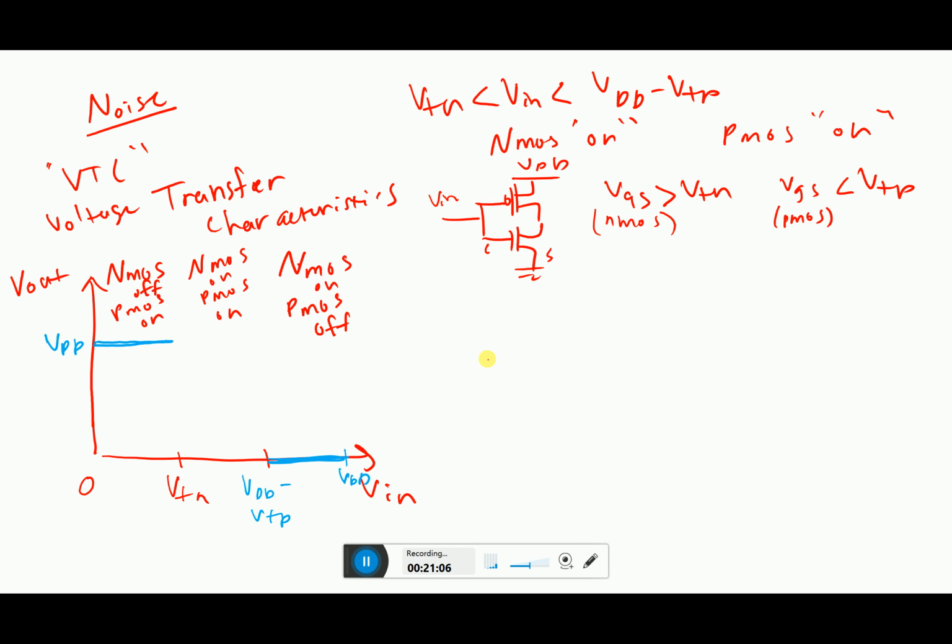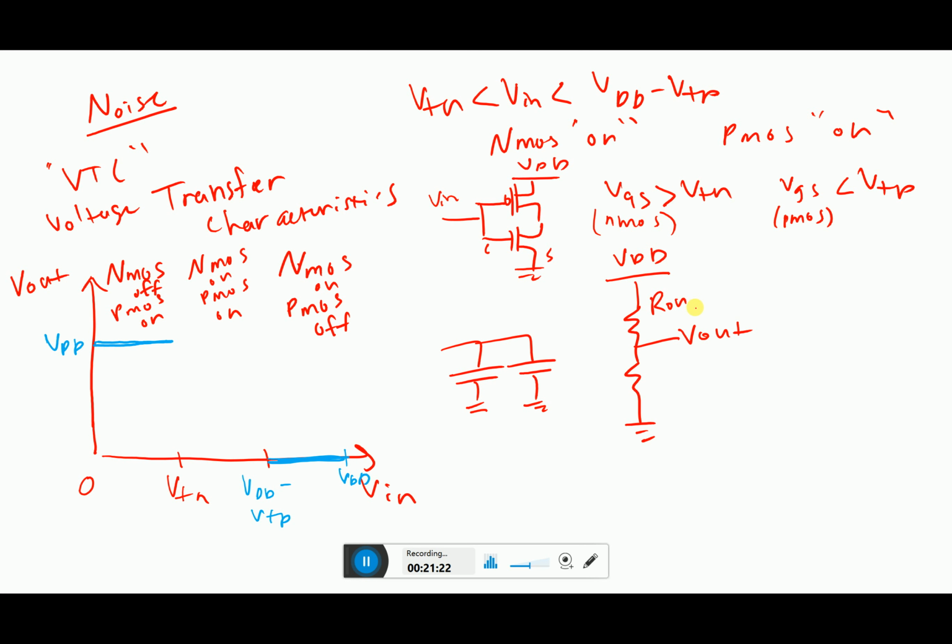So let's draw this circuit. Again, we have the two input capacitors, and then we have two resistors. All right.